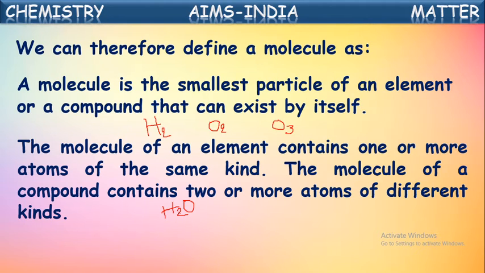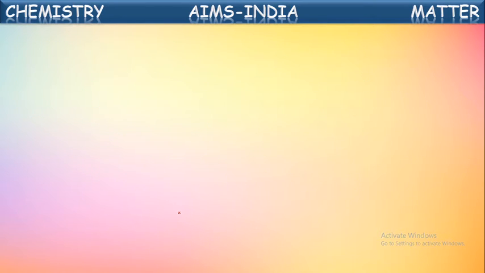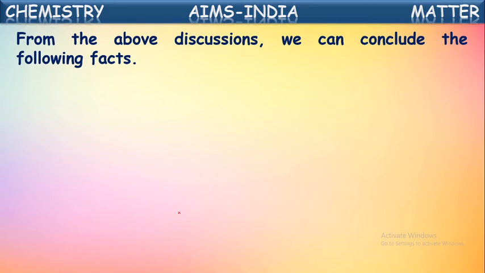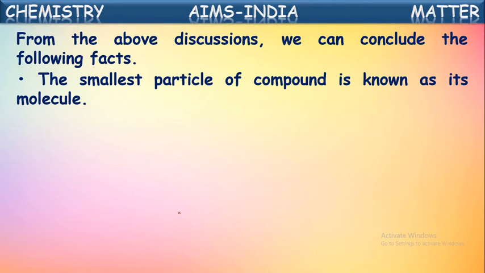A molecule of an element contains one or more same kind of atoms. From all these discussions, we can conclude that the smallest particle of a compound is known as its molecule. The smallest particle of a compound is a molecule.